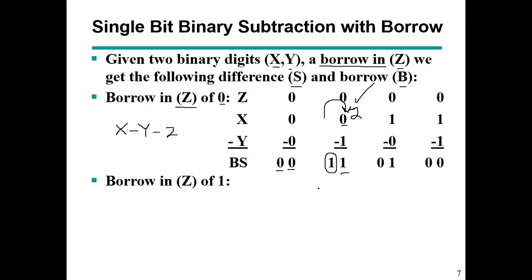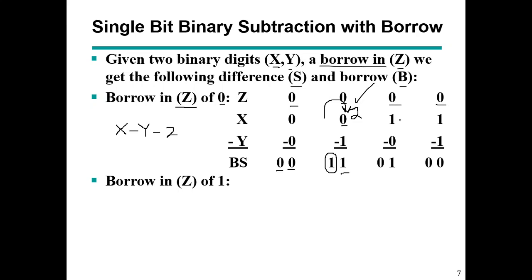Again, the borrow works differently as compared to the carry. The carry is automatically calculated, and for the borrow you have to do some kind of reasoning in your head. Here the case is simple because there is no previous borrow, so we are outright ignoring that. That is 0, so things are very simple.